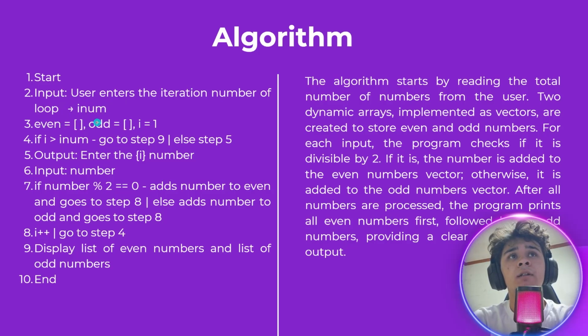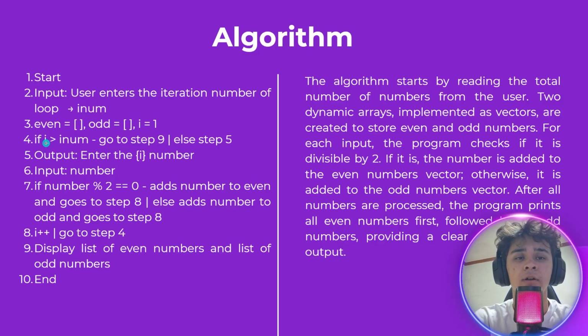We're opening even and odd arrays. We're making i, a counter, equal to 1. And every time we check, this is a decision, if. Remember I told you, if you see a diamond shape, it's an if. And every time you see if, you know that it's a diamond shape on a flowchart.